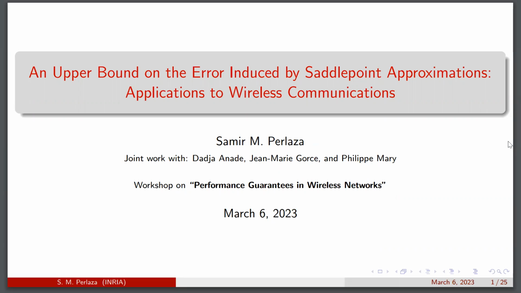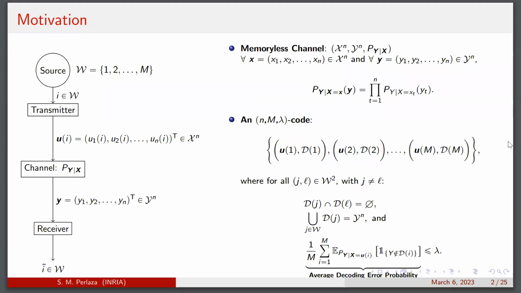All right. So the motivation is deeply rooted in wireless communication. We essentially have a source that has M symbols to transmit. For each of these symbols, the transmitter chooses a code word of length n that we see here.